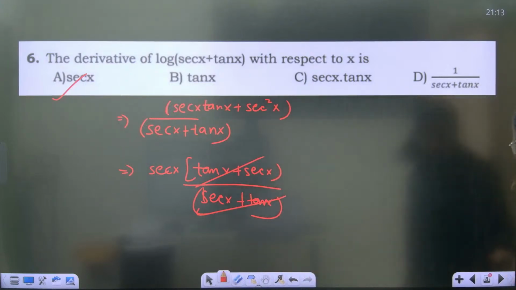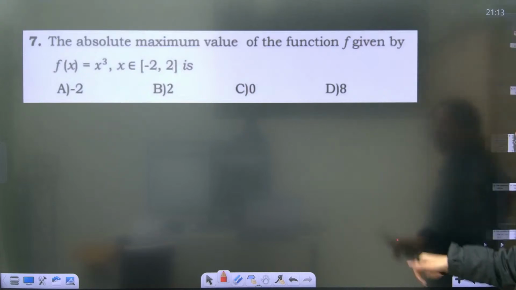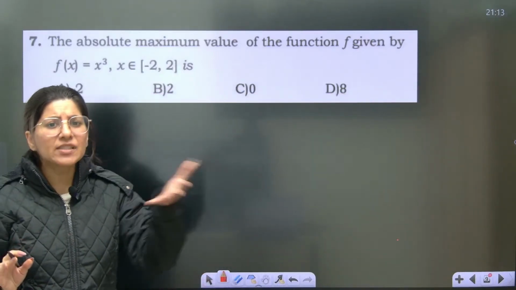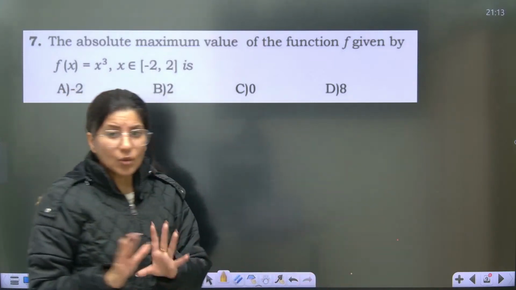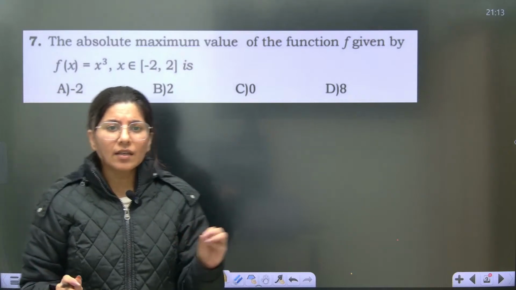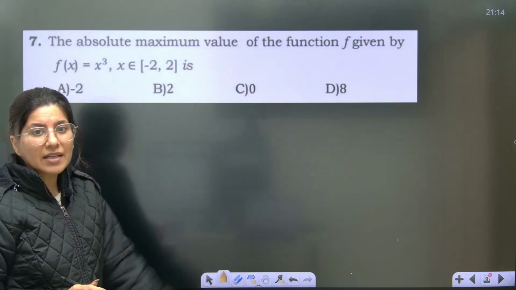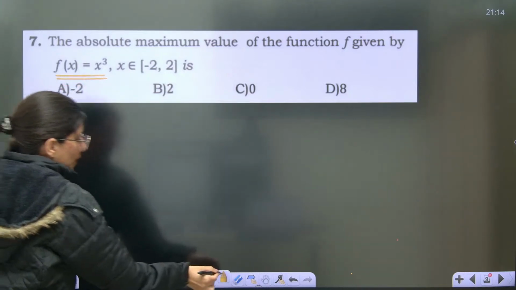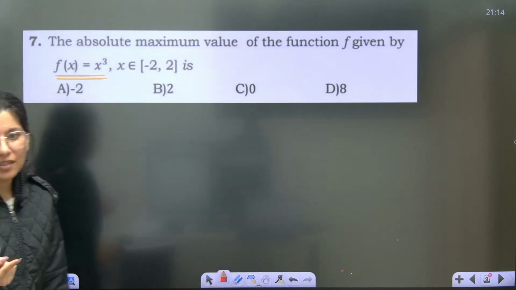Okay. Next question. Absolute maximum value of this function fx equals x cube. Do you know what is absolute maximum? That means overall maximum. The question is simply asking that between minus 2 to 2, think about it, where exactly you are going to get the maximum value. Obviously, fx equals x cube will become maximum when x is first of all positive, so you will get a positive quantity.